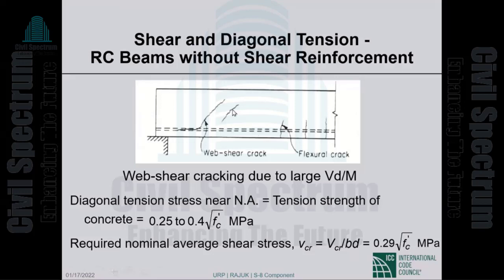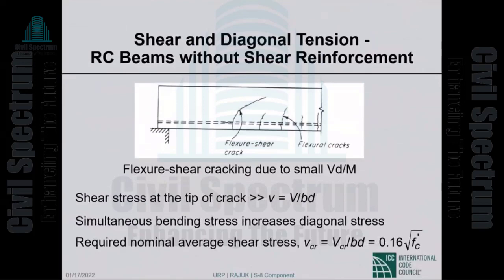This web shear cracking, which starts at the neutral axis location, does happen, but it's relatively rare. Okay? What is much more common is that flexural cracks open up. We know why. We have flexural tension, and at the bottom, in the middle of the beam, the flexural tension is horizontal.